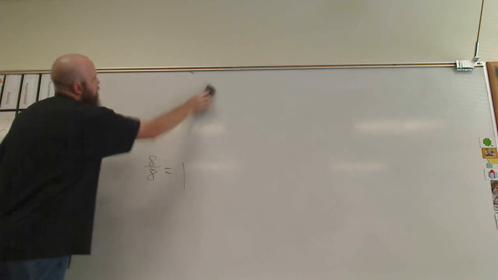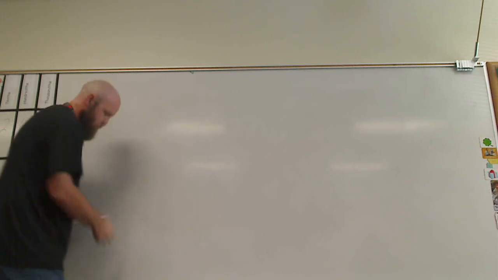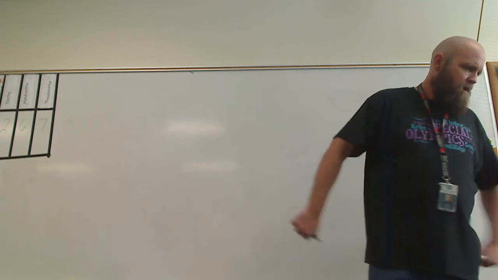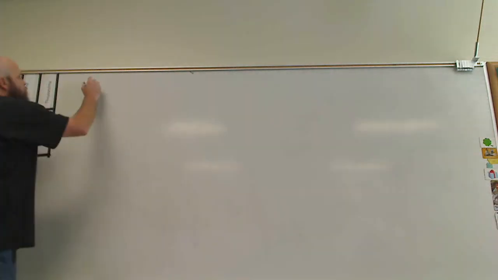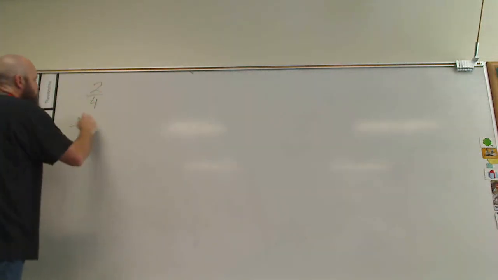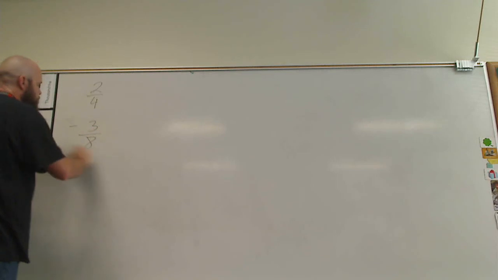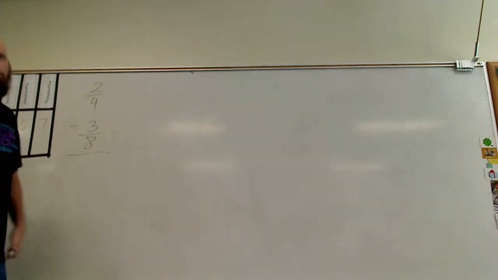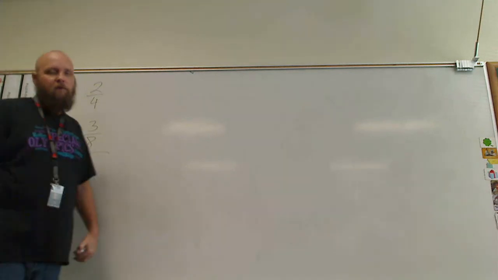All right, I think we have time for at least one more. Let's do another subtraction. Let's do 2/4 subtract 3/8. Now, it should become fairly obvious, since we just did one with denominators of 4 and 8, that our common denominator is going to be 8.